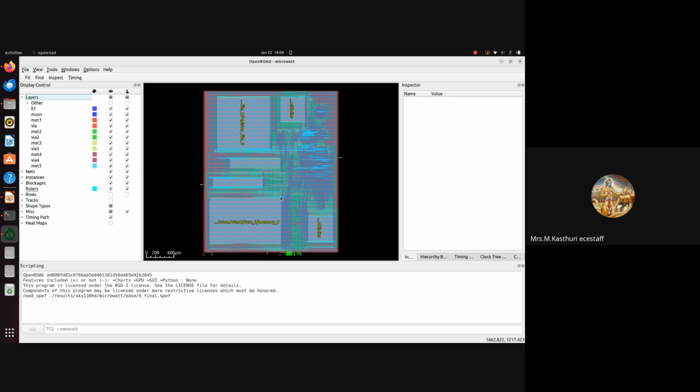This is the final GDS layout that is ready for fabrication. This design is the Microwatt, which is also open source, developed by IBM, and this design is also available in the OpenROAD scripts. And this is the final layout of the Microwatt.